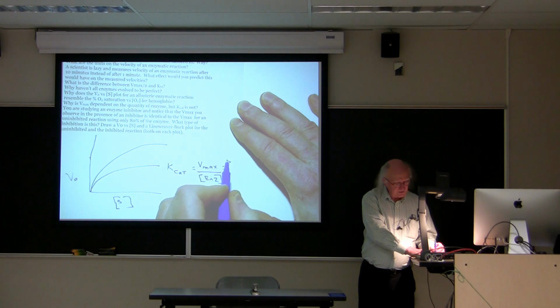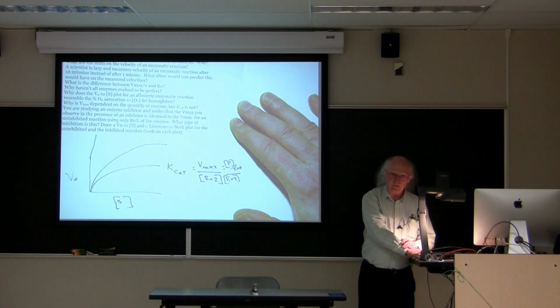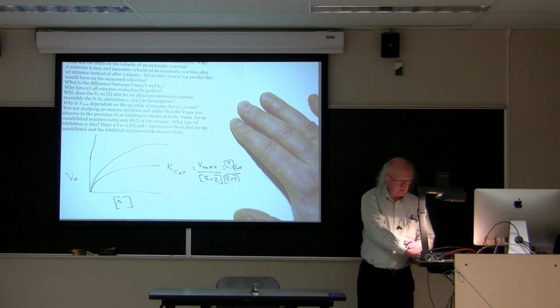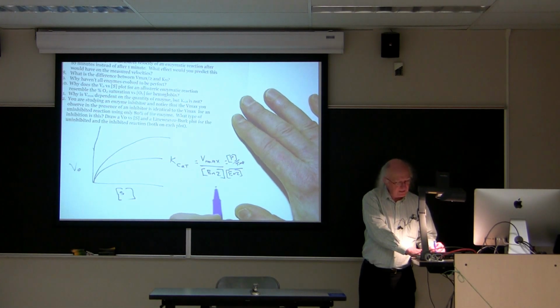So we have concentration of product divided by time, divided by concentration of enzyme. Well, both of these concentrations cancel out. And it doesn't matter that we have product concentration or enzyme concentration. They both cancel out so that the units that we get on Kcat are equal to per time.